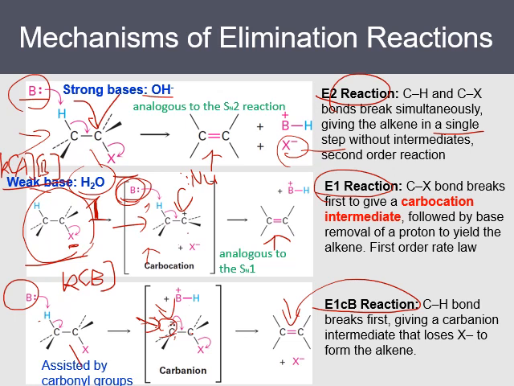That's why it's not common, unless the molecule has an electron withdrawing group to stabilize the carbanion. Later you will see some examples of electron withdrawing groups that can stabilize these two electrons. Then that will be an E1CB reaction.